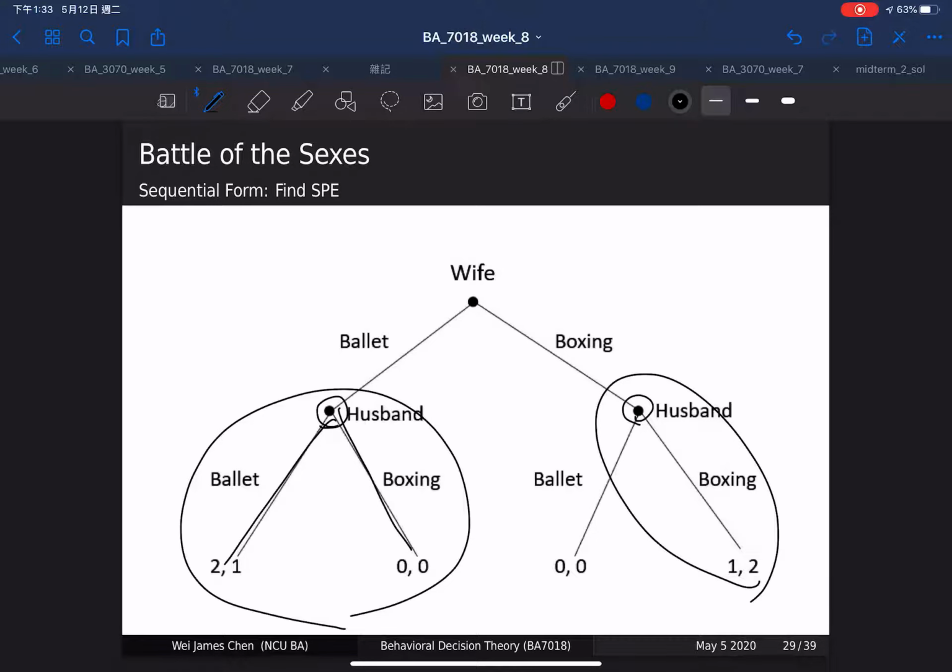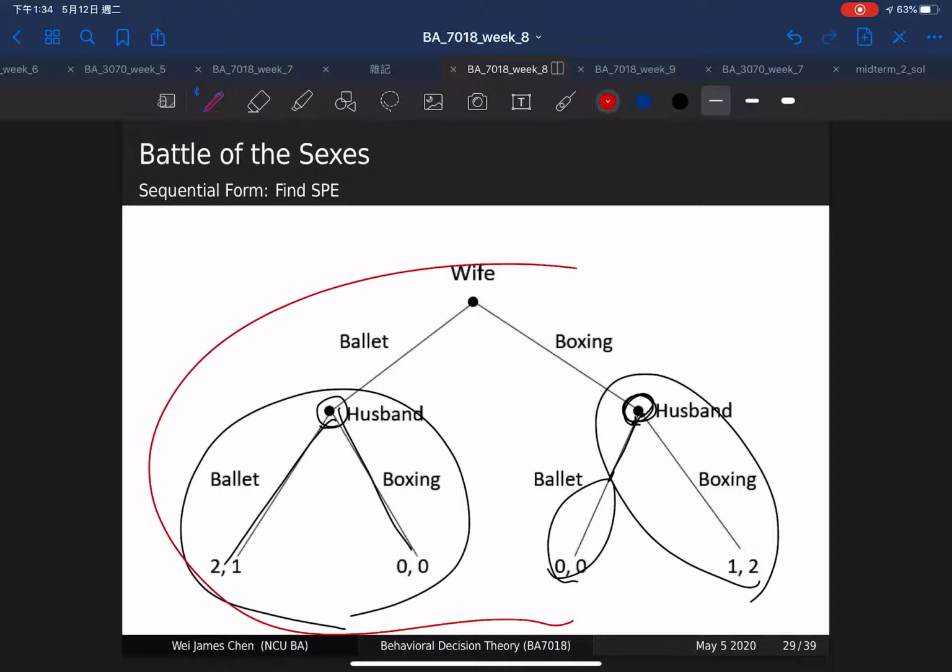This is a subgame, but not proper, because it starts with a node but doesn't include this line. It has to include everything starting from that node. We still have the third proper subgame here, which is everything, because it also starts with a node and includes everything. So the whole game is also a proper subgame. Here we have three proper subgames.